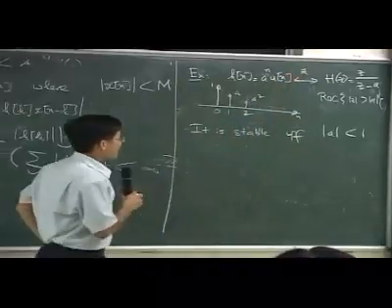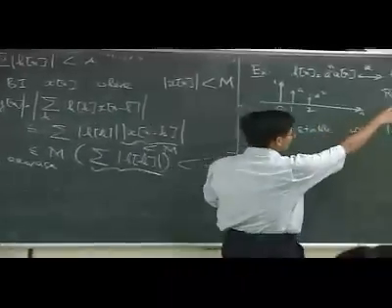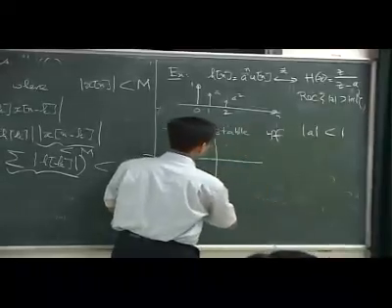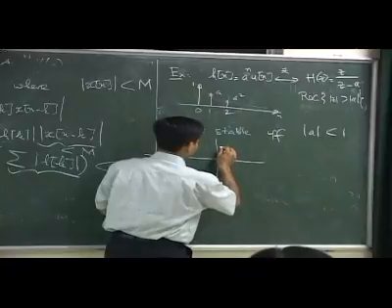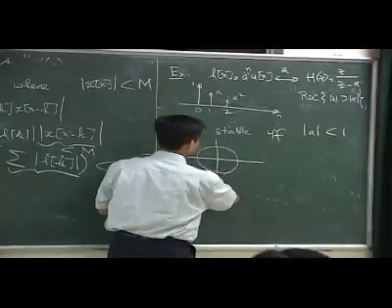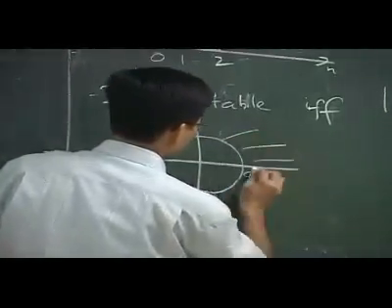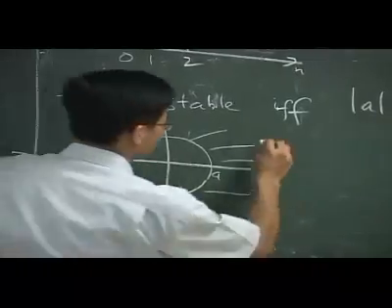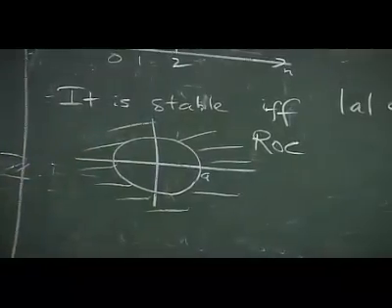And if that's the case, let's see what happens in the Z domain. Remember what we had before: here is a, and here is the region of convergence.